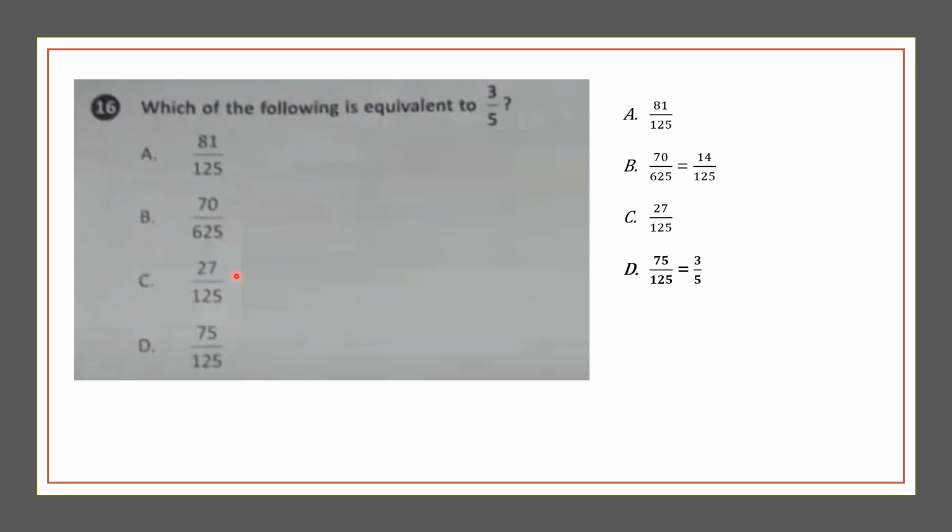Now let's see option C. 27, 125. We cannot cut it. Now let's see option D. 75, 125. 25 times 3 is 75 and 25 times 5 is 125. So it will come to 3 by 5. So our answer is option D, 75 divided by 125.